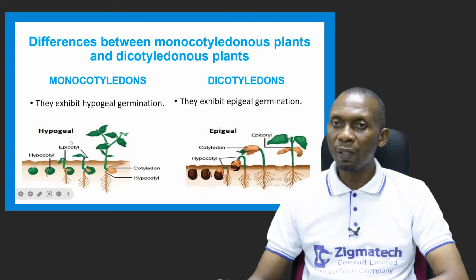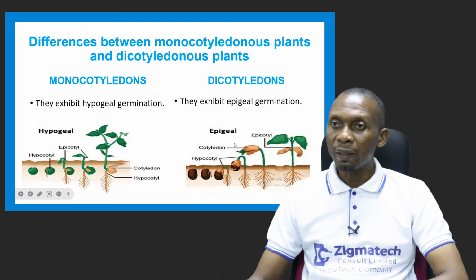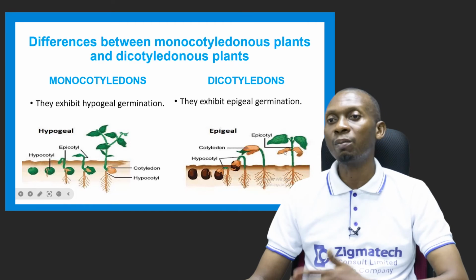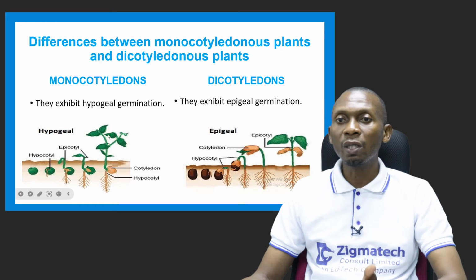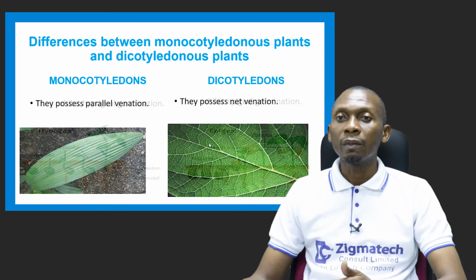See here for the monocots, you can see the hypocotyl here, while this point is the epicotyl. For the dicots, this point is the hypocotyl, while this point is the epicotyl, while these are the cotyledons. But this type of germination is actually called epigeal germination. So the monocots exhibit hypogeal germination, while the dicotyledons exhibit epigeal germination.